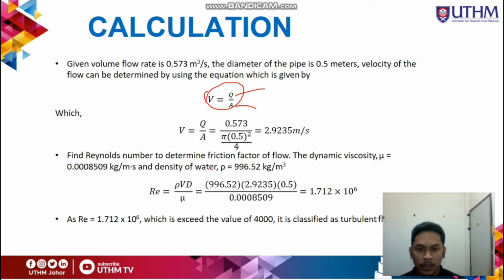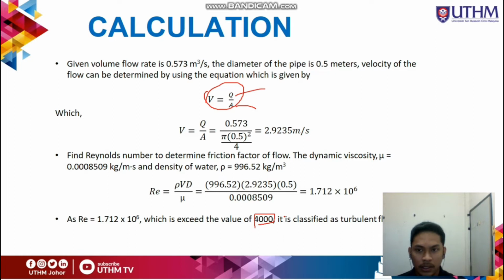Then we just insert the values that have been given, and we will get the Reynolds number is 1.712 times 10 to the power of 6, which is more than 4000. And then we can assume that the flow is turbulent.